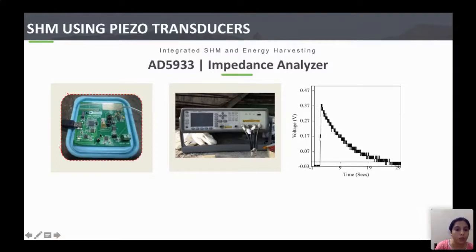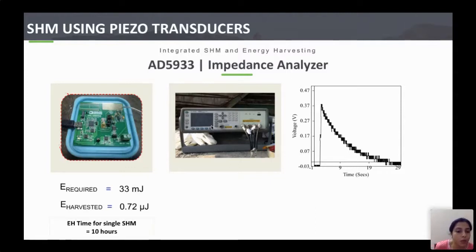From the experiments which we did in the lab, we saw that for one-time SHM using this circuit, we require 10 hours of charging, right? So the energy harvesting time required is 10 hours.